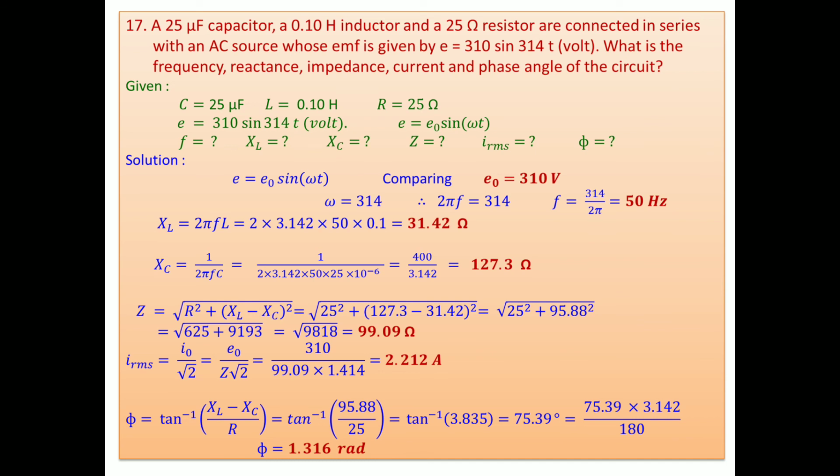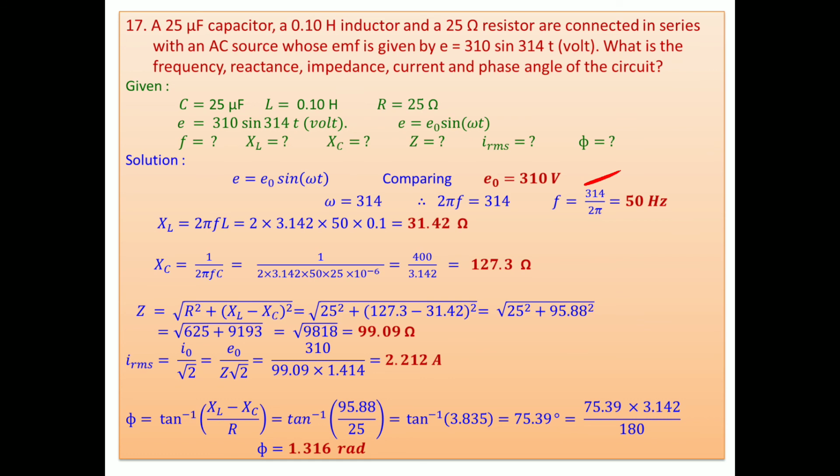So the peak EMF E naught is 310 volt, and omega is 314. Therefore omega equal to 2 pi f, so f equal to 314 upon 2 pi. After calculation, we directly get 50 hertz. Thereafter, we get the frequency.